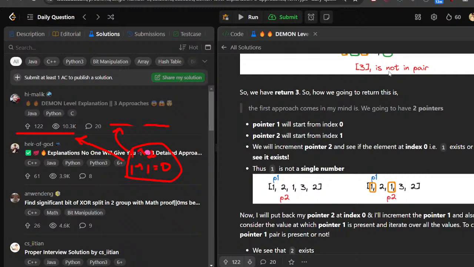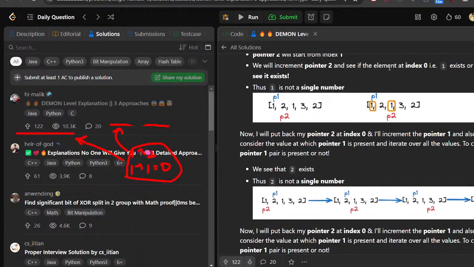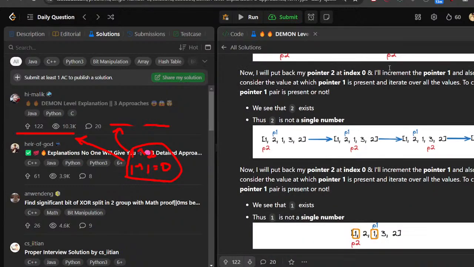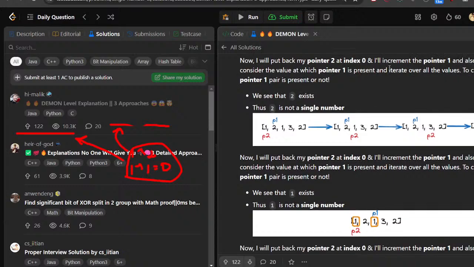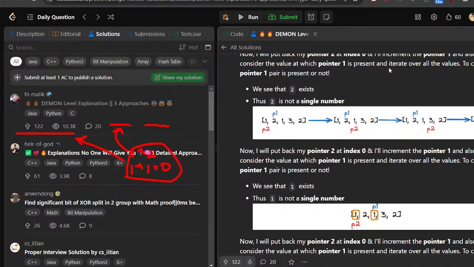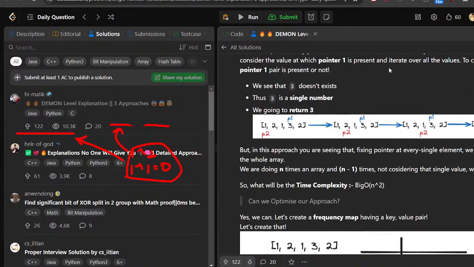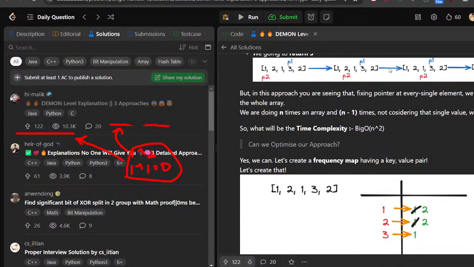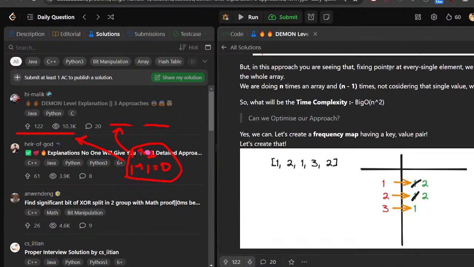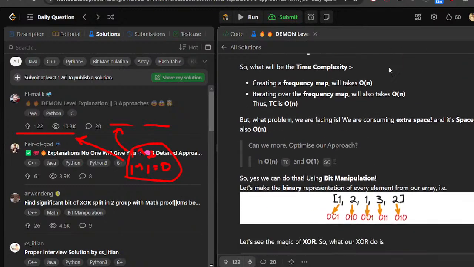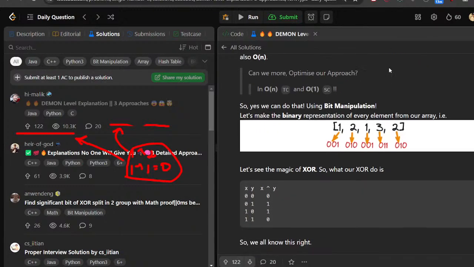If it does not exist, it is the single number. We can still optimize by keeping a map. Okay, then bit manipulation.